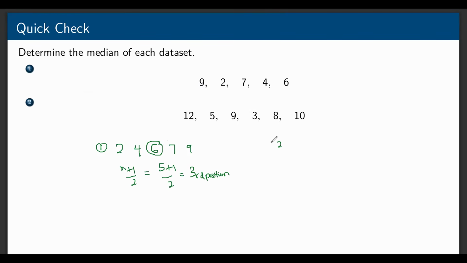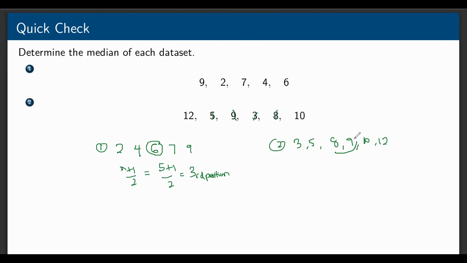Let's look at number 2. These are even numbers. So first of all, again, let's arrange them in order. We have 3, 5, and then we have 8, 9, and then we have 10, 12.